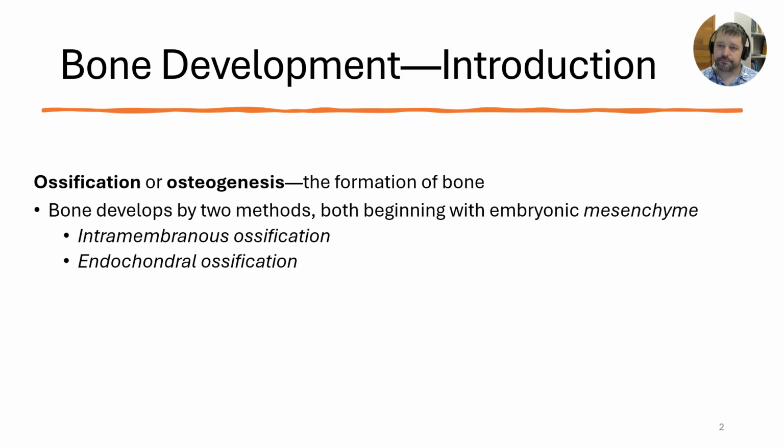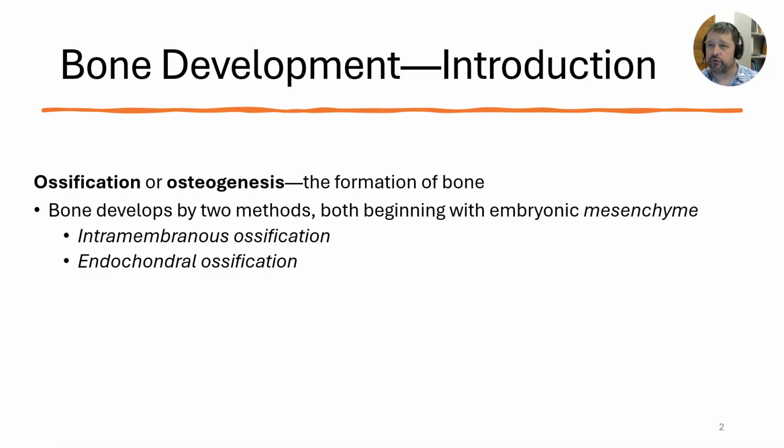In flat bones, we call it intramembranous ossification, and that is associated with stem cells. In long bones, it's called endochondral ossification, and that's associated with cartilage. We'll look at both and how they differ.